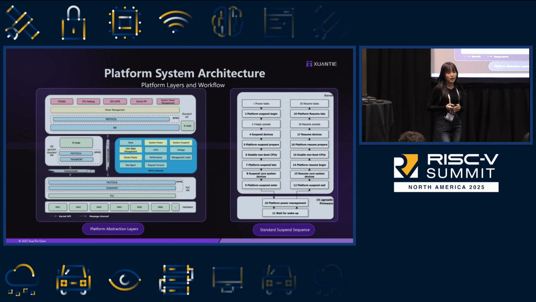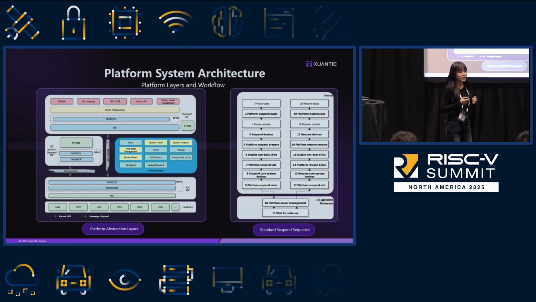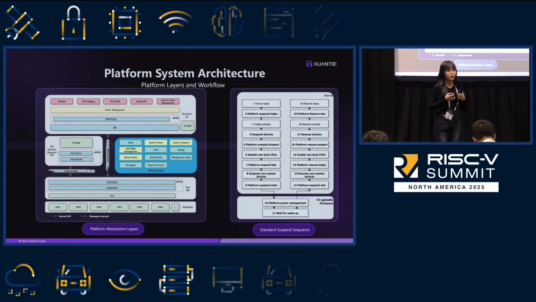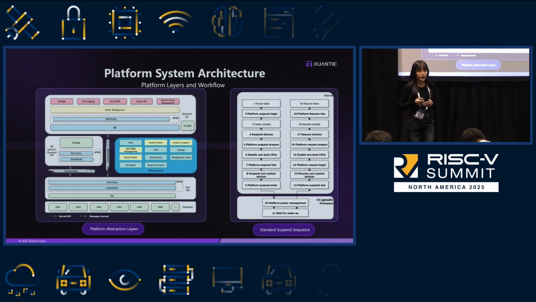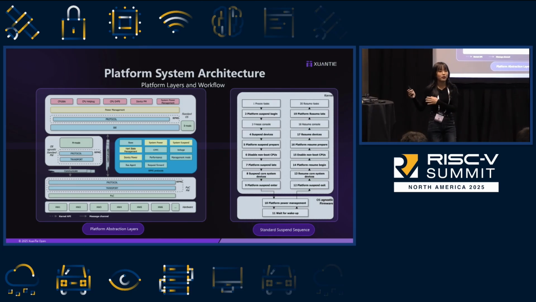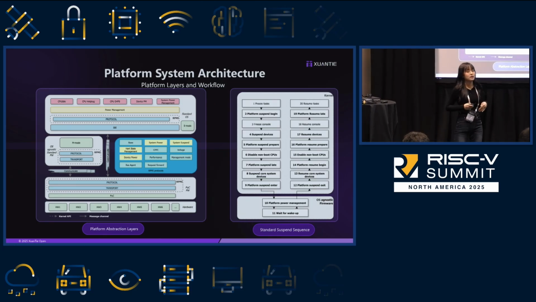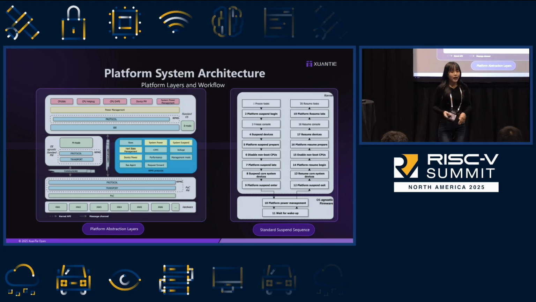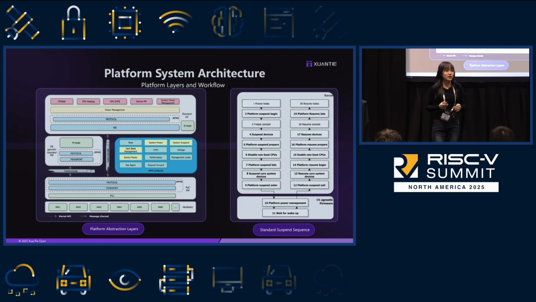Then the boot core will last long enough to notify the system controller. The system will go into deep sleep, and the system controller will stay awake to wait for the interrupts from outside to notify that the system is going back to normal. The resume process is just a reverse version of the suspend. I will not cover that in detail.